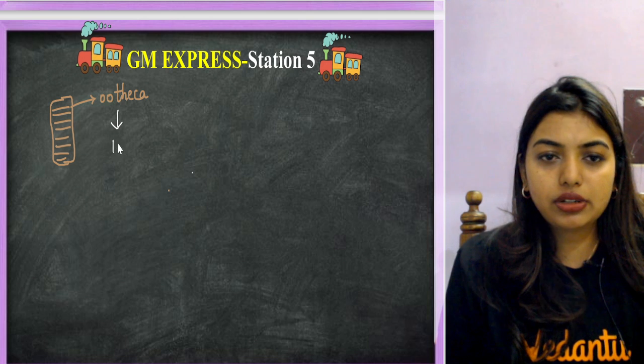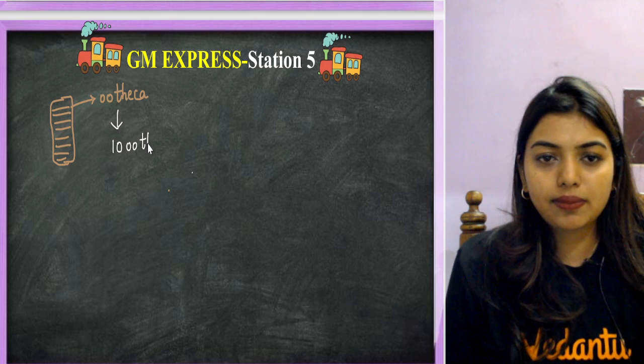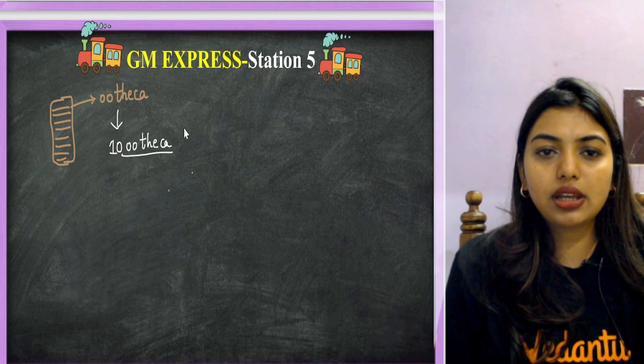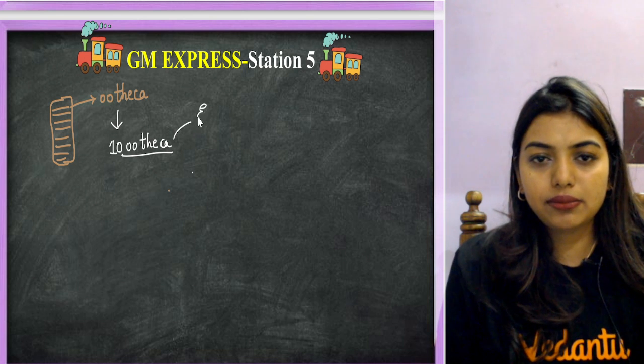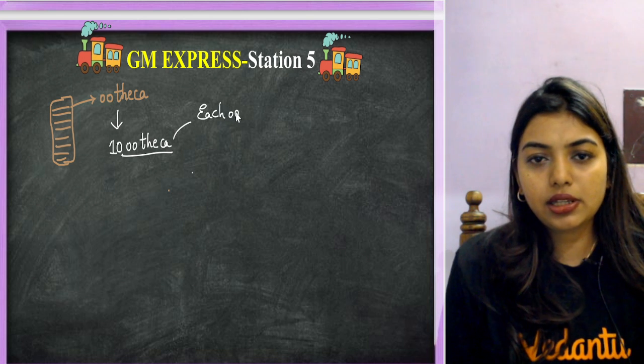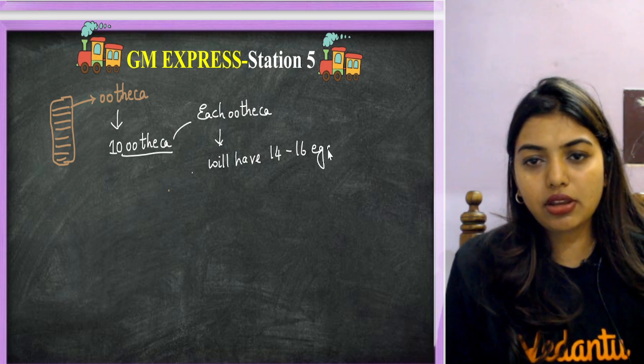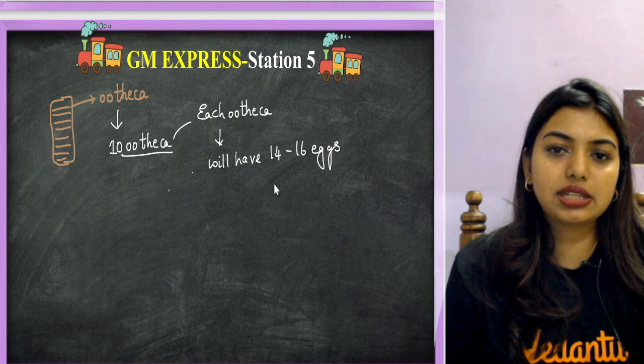They will lay around 10 oothecae, and each ootheca will have 14 to 16 matured, fertilized eggs.